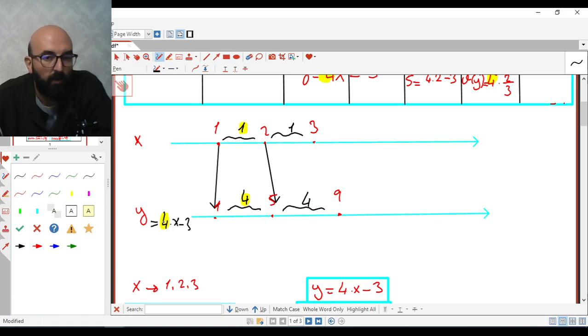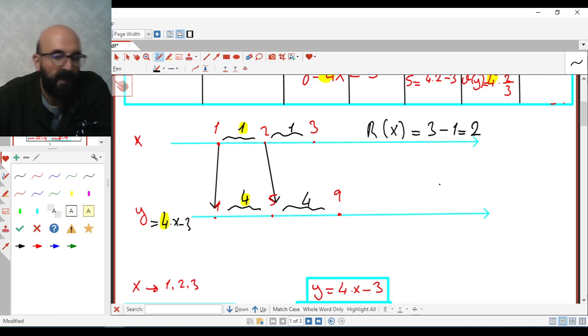The factor of x is 4. So if you write the range of x, it means 3 minus 1, 2.